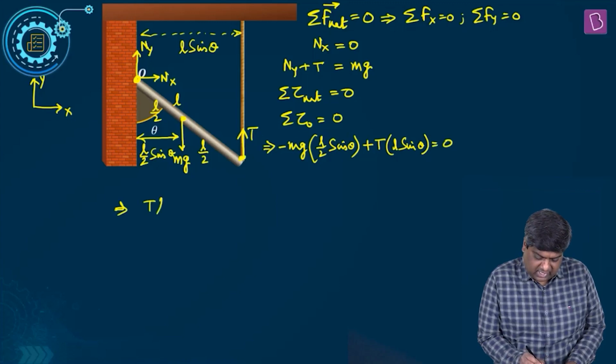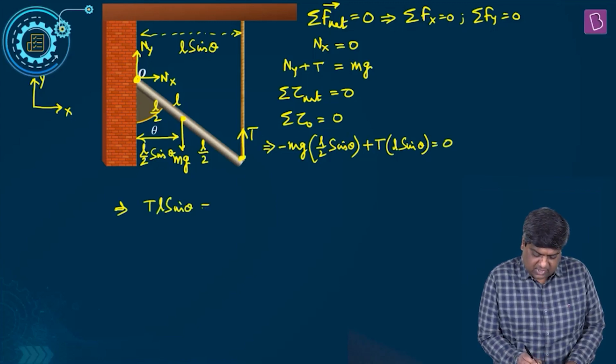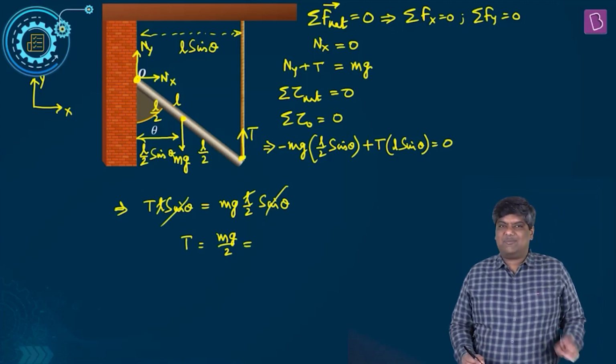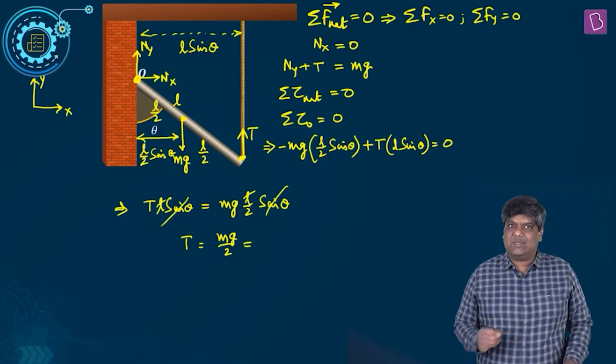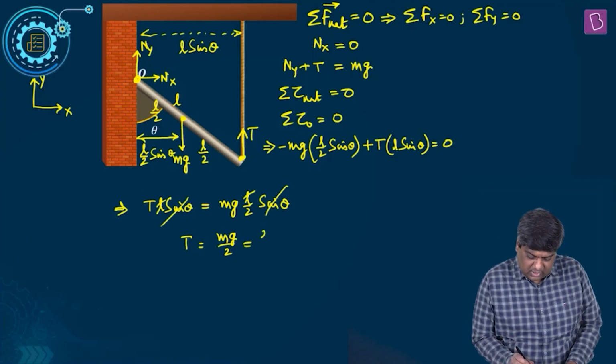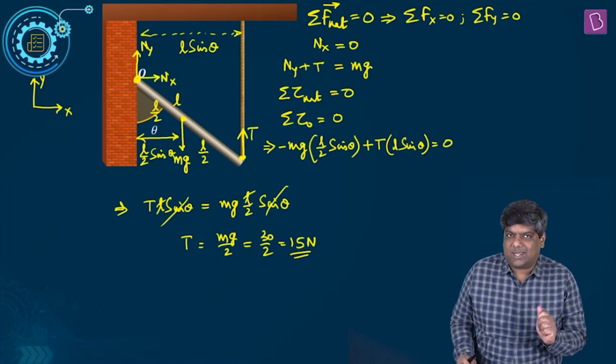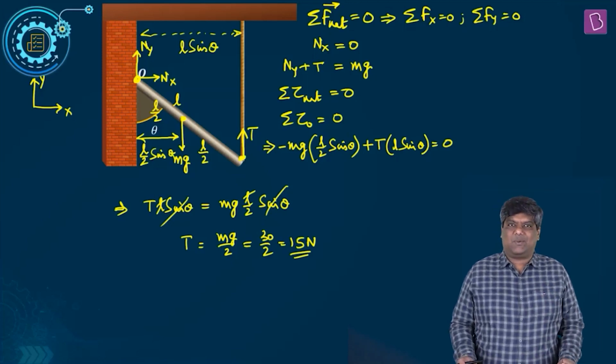So I'll have T L sine theta must be equal to mg L by 2 sine theta. Sine theta gets cancelled, L gets cancelled, T becomes mg by 2. What is m? m was 3 kg, so 3 into g, 30 by 2, which is 15 Newton, and that, my dear students, is the required answer for this particular question.